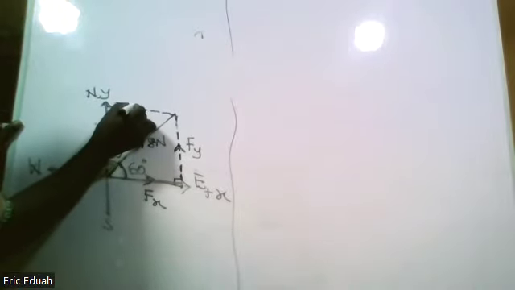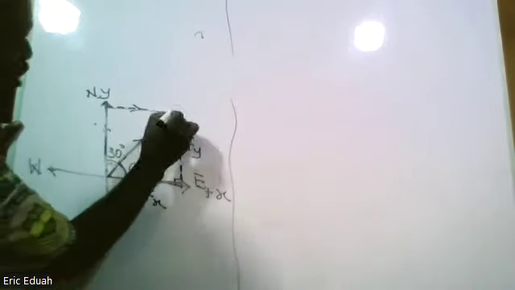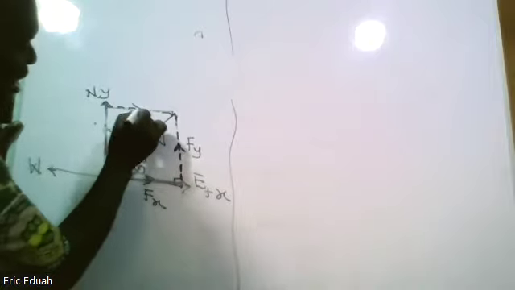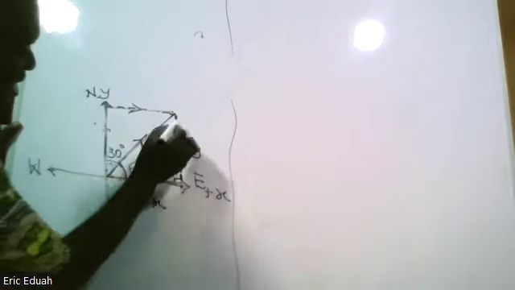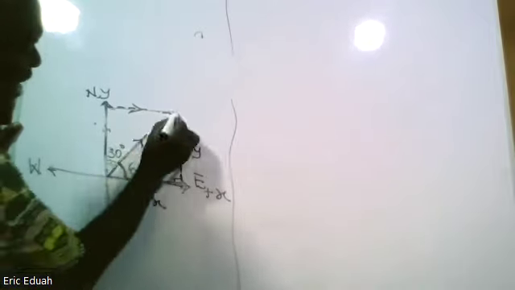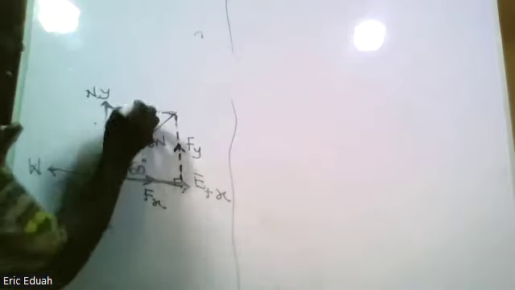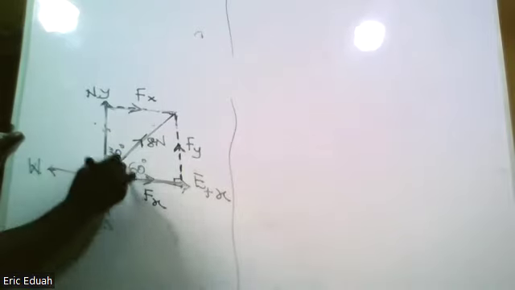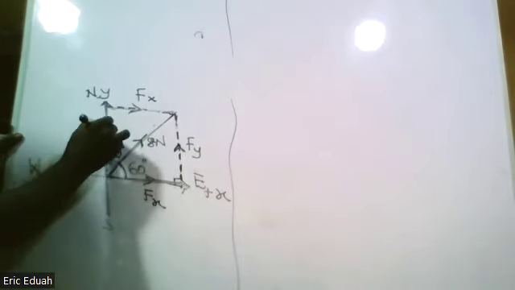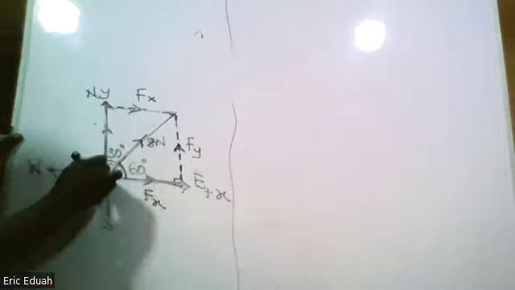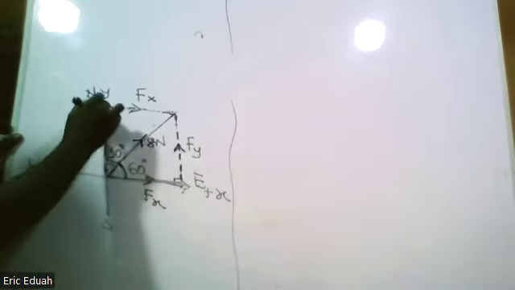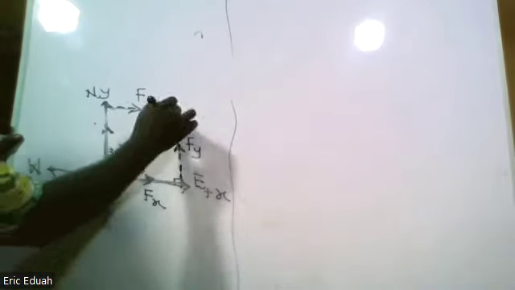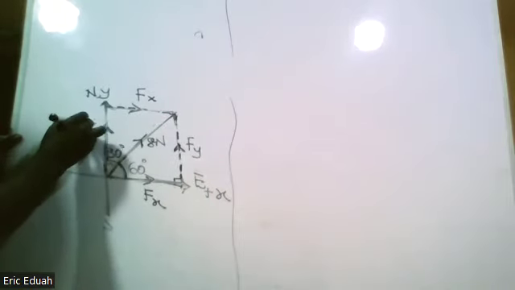But then, because this side also lies within a positive x-axis, this side is the same as this side. So this would also be Fx. This side, which is adjacent to the angle 30, is also the same as this side. And so this will be Fy.